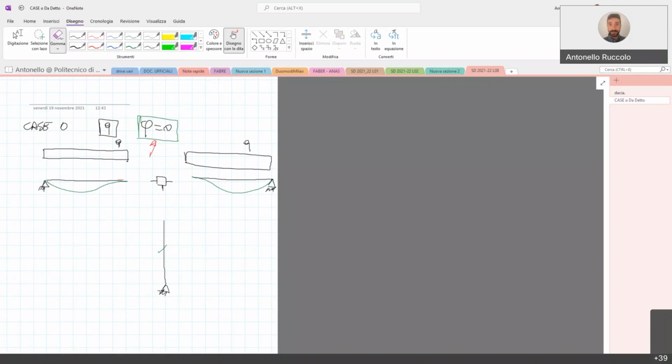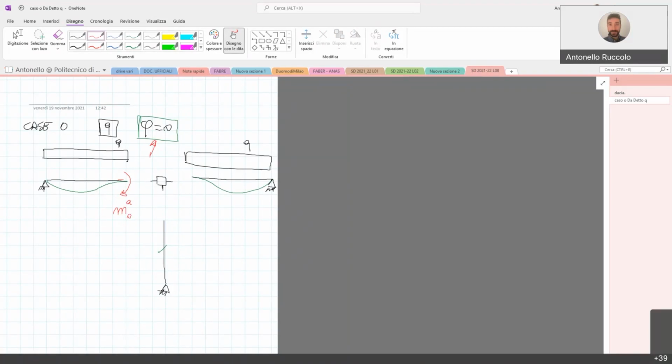So we can say that this is M. This is M, sorry, it is horrible. M applied on the beam A indicates 0. It means this is the effect of the node on the beam.